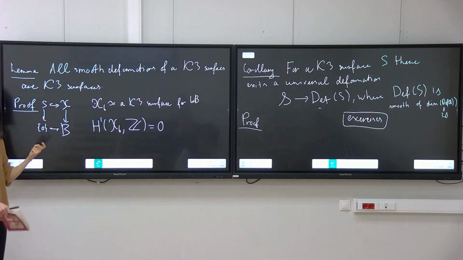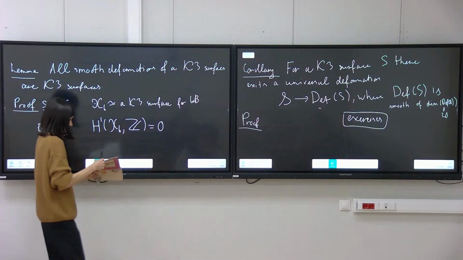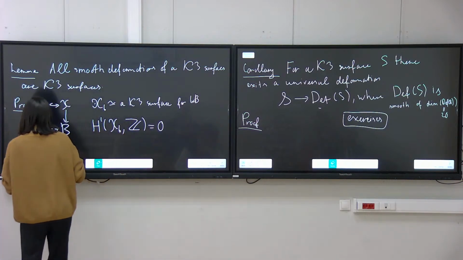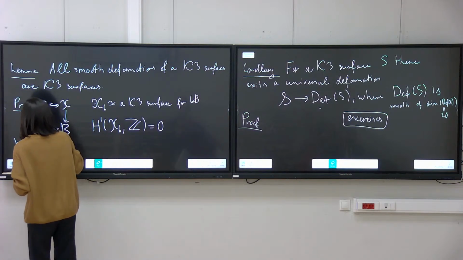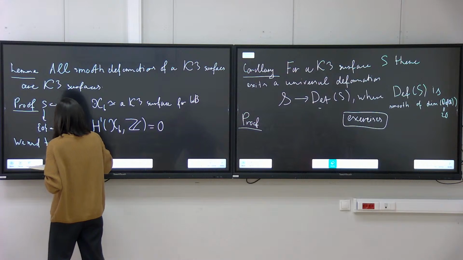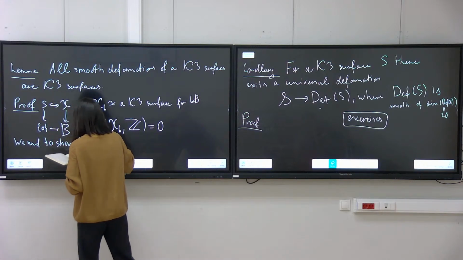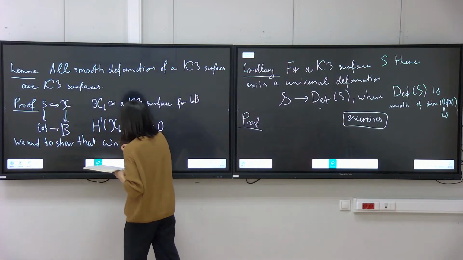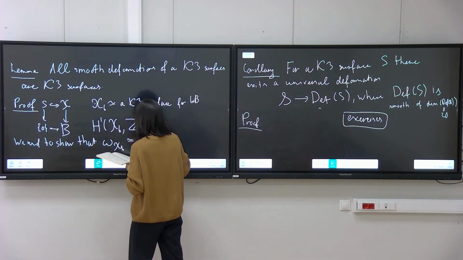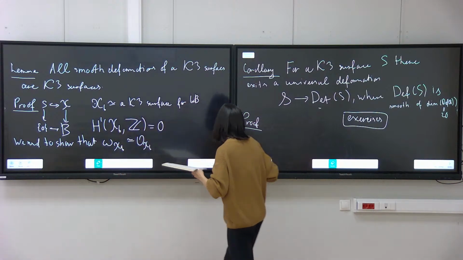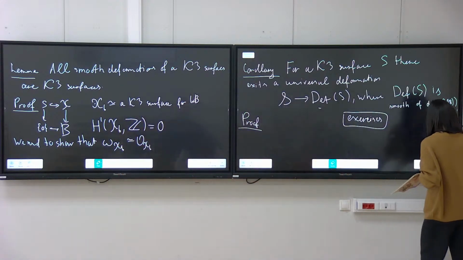And the problem is with the canonical class. So we need to show that the canonical bundle is trivial.